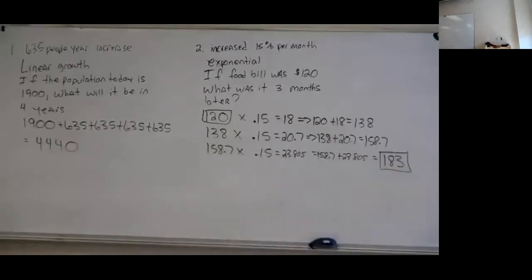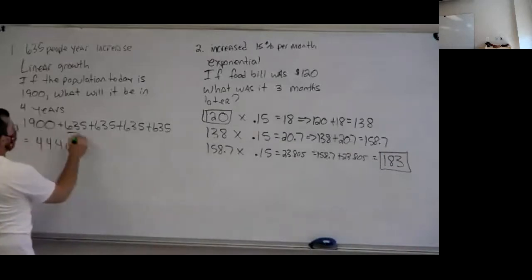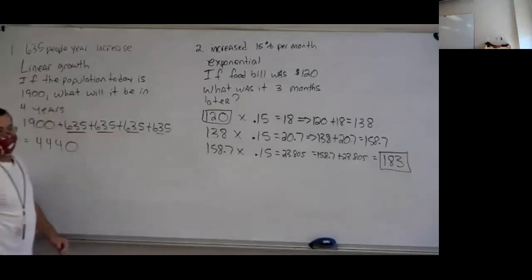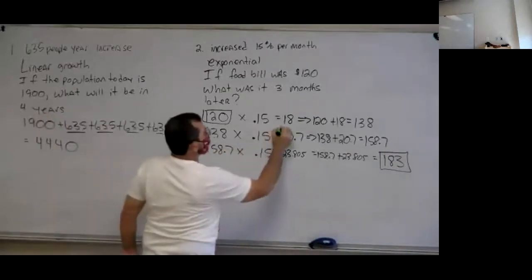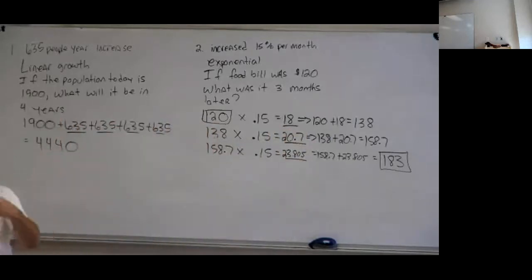But I wanted y'all to notice one thing. The linear went up by the same exact amount every year. This is not the same absolute amount, but it's the same relative amount because it's 15% a year, okay?